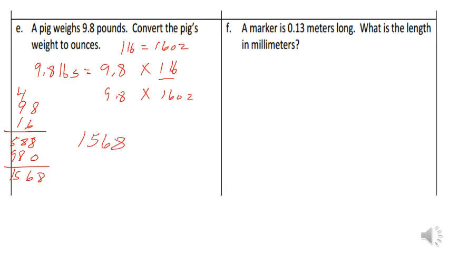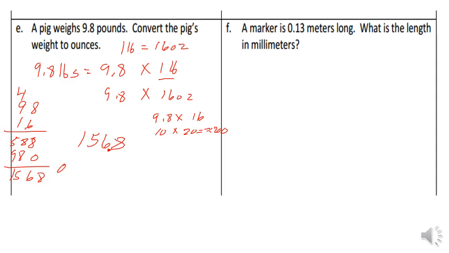But I do know that when I multiplied, I was multiplying 9.8 times 16. 9.8 is close to 10. 16 is closer to 20. So that's going to be approximately 200. So in order for this to be reasonable, I'd put my decimal here. So we end up with 156.8 ounces.